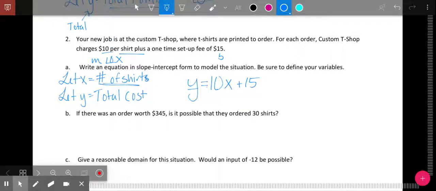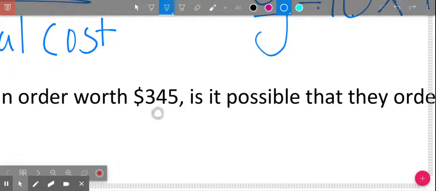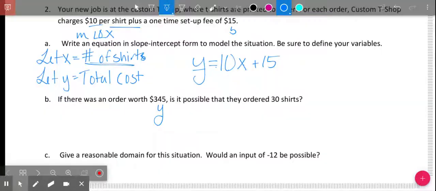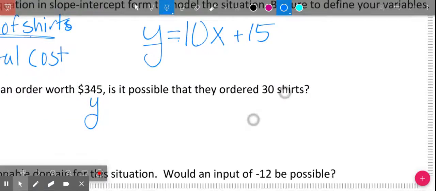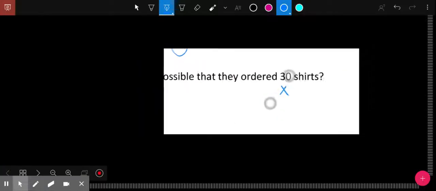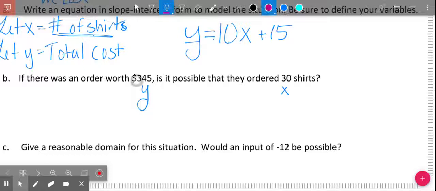All right, so part B says if there is an order worth $345, so my total cost was $345, let's label that our Y. Is it possible that they ordered 30 shirts? Well, we said X was the number of shirts, so that's going to be our X. So we're going to take these and plug them in to see if this would give me a true solution.